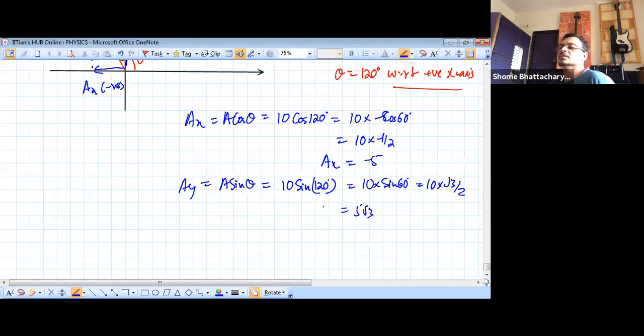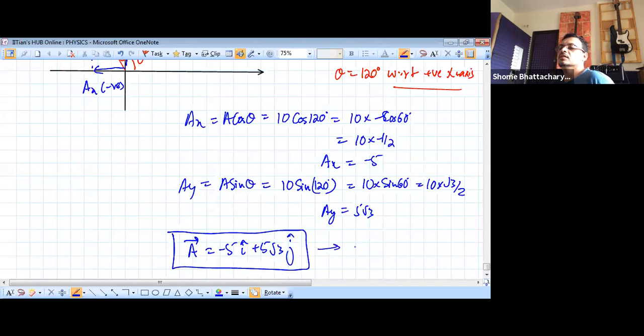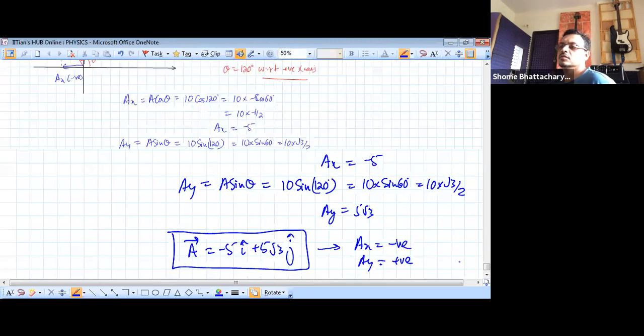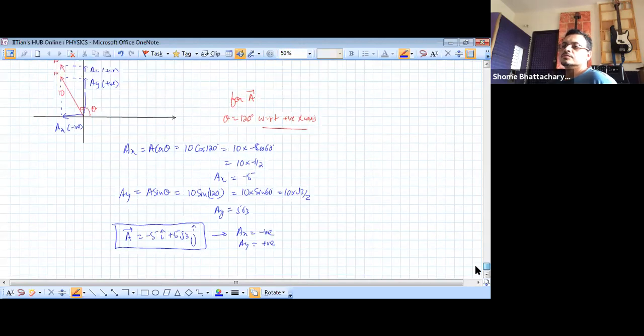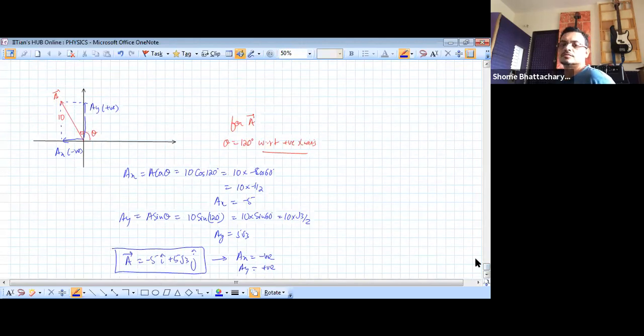So this is your Ax and this is your Ay. So the vector A will become minus 5 i cap plus 5 root 3 j cap. You can see here that Ax is negative and Ay is positive. The x component is pointing along the negative x direction, along minus i cap. Okay. So this is the vector A expressed in component form.